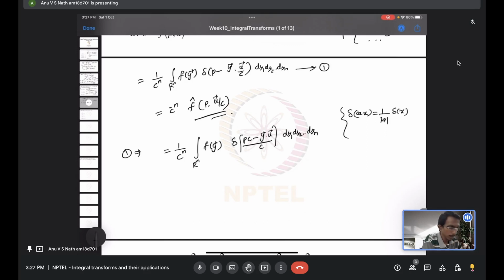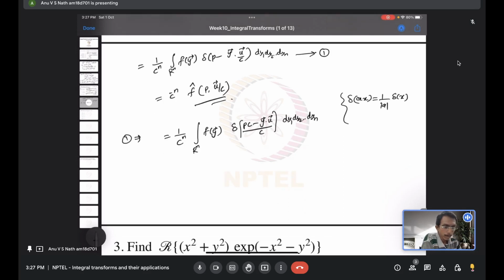So we have here delta of some quantity scaled by 1 by c. And we already stated that c is positive, so this delta function alone can be written as c times delta of p c minus y dot u.